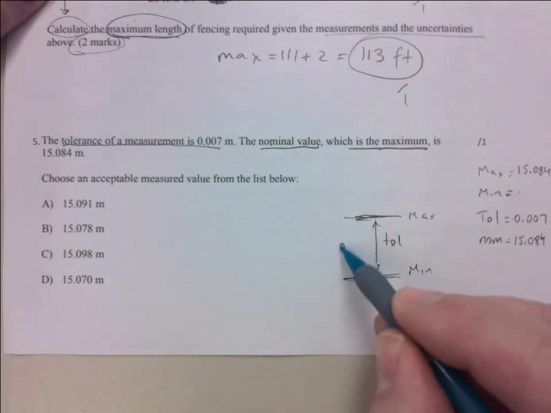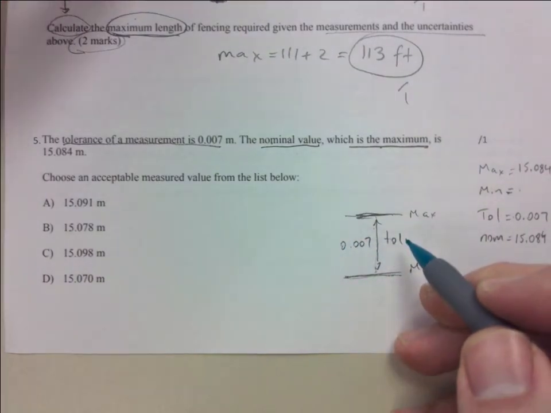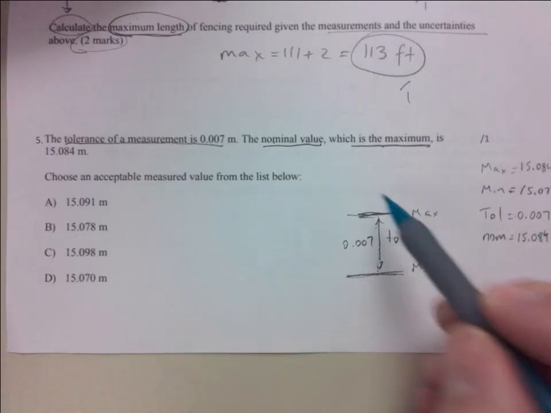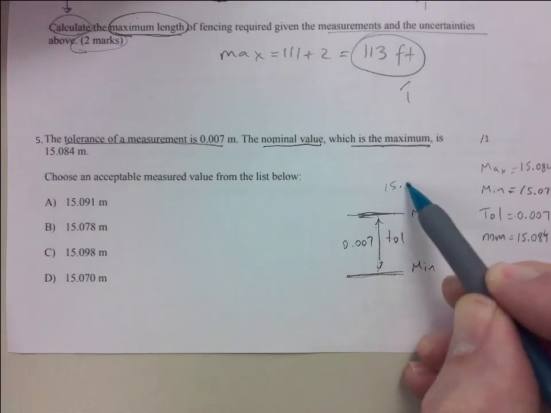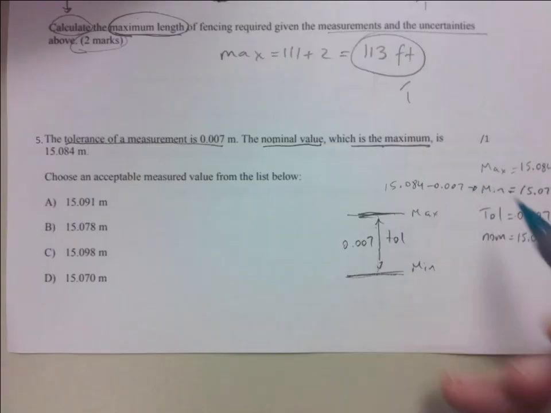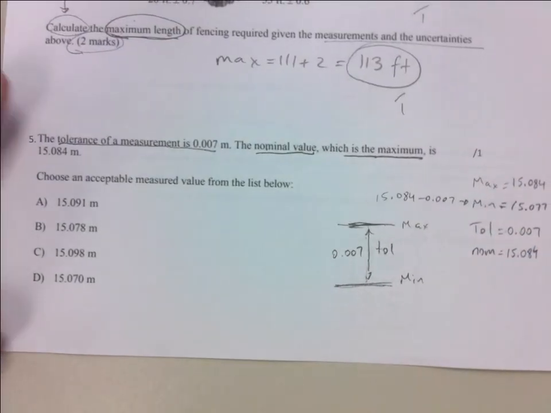What is this? 0.007. I don't even have this on my answer key, because I don't think it's necessary. So this is subtract: 15.084 minus 0.007 is 15.077. I went 15.084 minus 0.007 to get this.